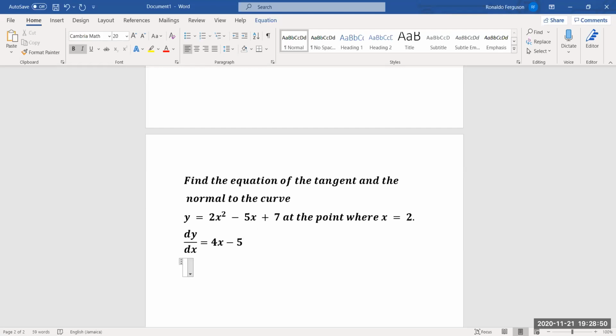Now that you found dy by dx, the next thing you're going to need to do is plug in x equal 2.